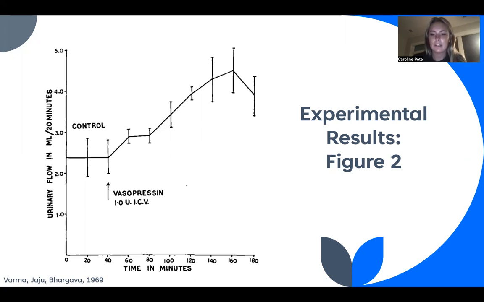On the contrary, a diuretic response was displayed. So in this figure, you can see the diuretic effect of an injection of 1 unit of vasopressin into the lateral ventricle of dogs. You can see as it increases up here, there was a mean increase in urine output with a standard error in 9 dogs.